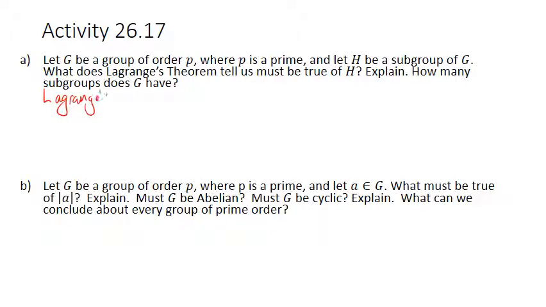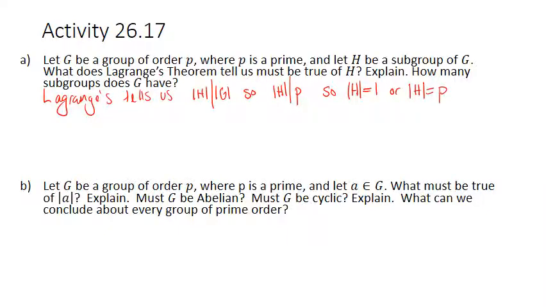Lagrange's tells us that the order of H must divide the order of G. Since the order of G is P, the order of H must divide P, but P is a prime, so the only things that divide P are 1 and P itself. So the order of H has to be either 1 or P.